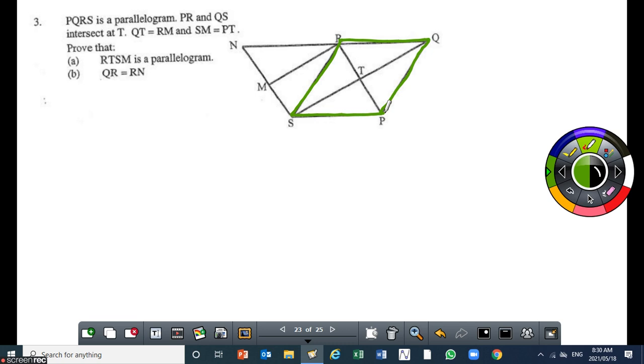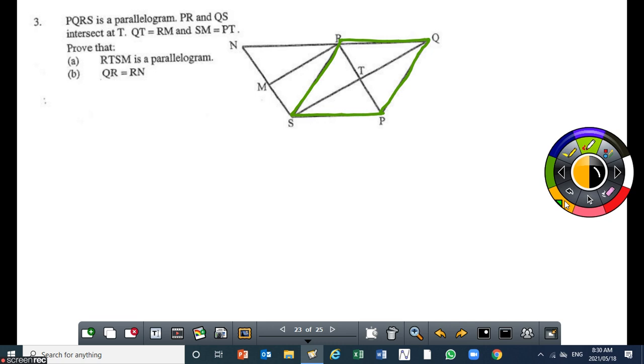Then PR and QS intersect at T, so the diagonals intersect at point T. Let me just remove those diagonals to make it clear. Then QT is equal to RM.